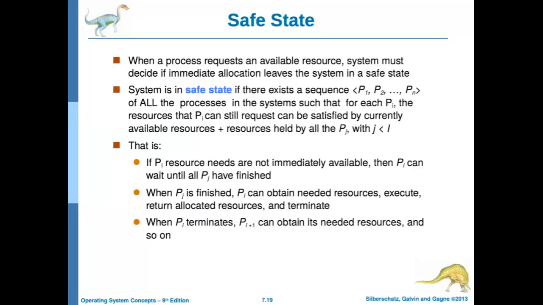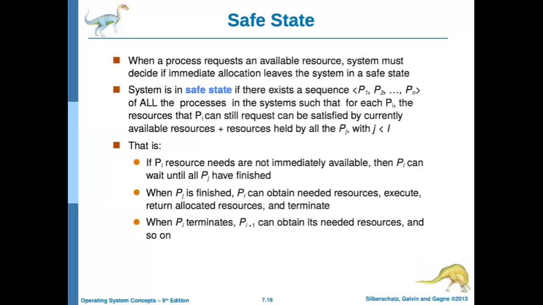So for example, if P2 is waiting for P3 to complete, once P3 is completed, whatever resources it held will be released. Once they are released, P2 will obtain those needed resources, execute, and return the allocated resources back. That is the releasing of resources, and then this process will be terminated.